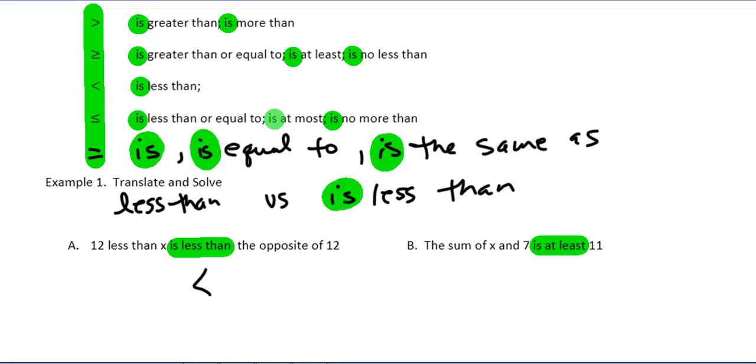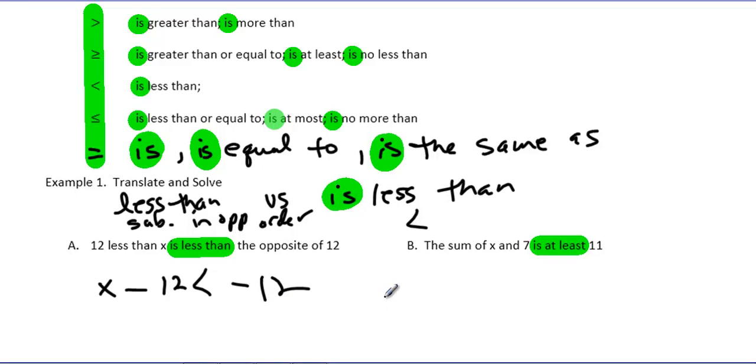This is the symbol less than. This is subtraction in opposite order, meaning the x goes first, the 12 goes second. So the only time I don't do direct translation is when we see the words than or from. On the other side, we have the opposite of 12, so that's negative 12. I'll come back and solve it in a second.